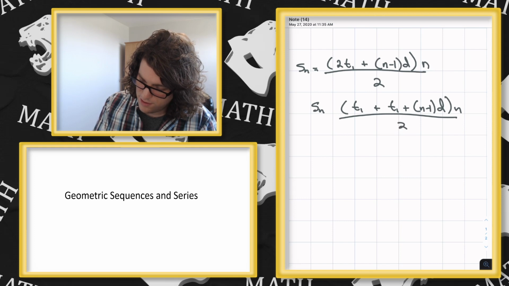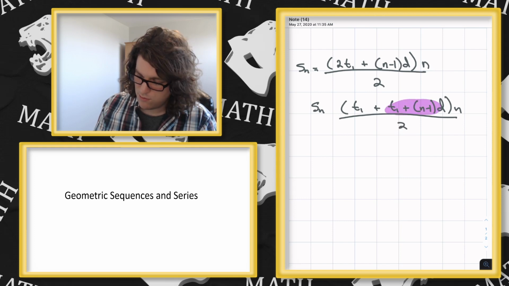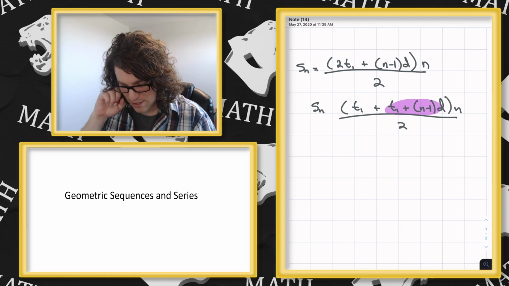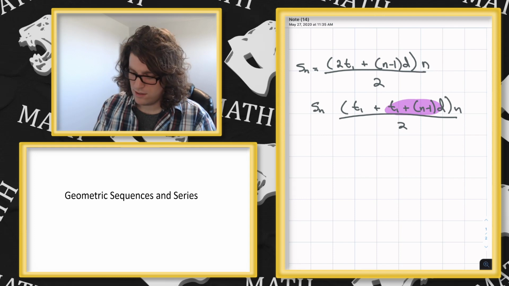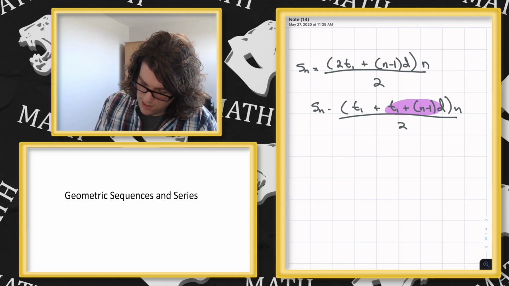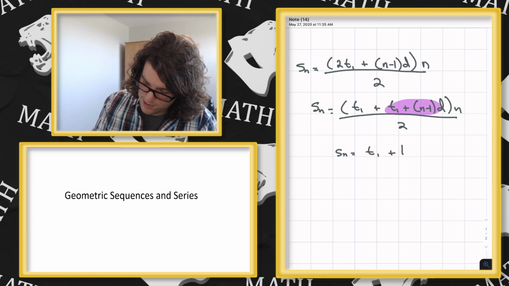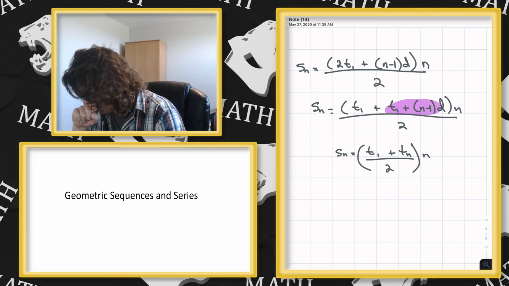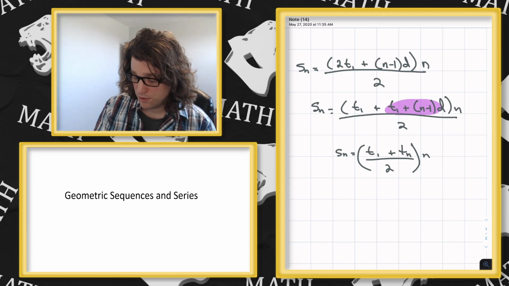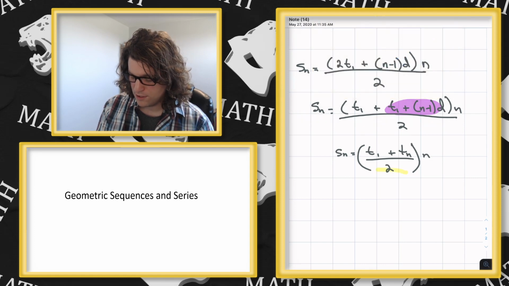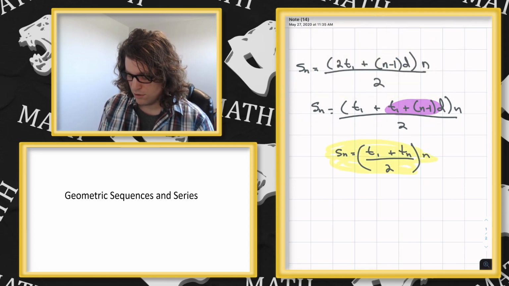Now, if I take a look at this part right here, t1 plus n minus 1 times d, that actually is the same thing as just our general term, tn. So that means that Sn can also be described as t1 plus tn over 2 multiplied by n. If for some reason you know the last term and you just want a simpler looking equation, this is a little bit tidier looking.